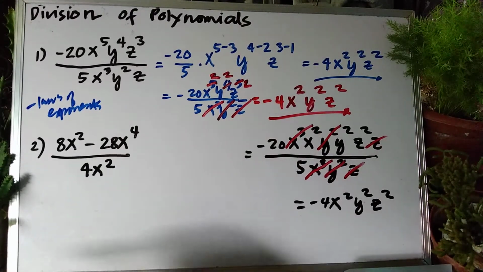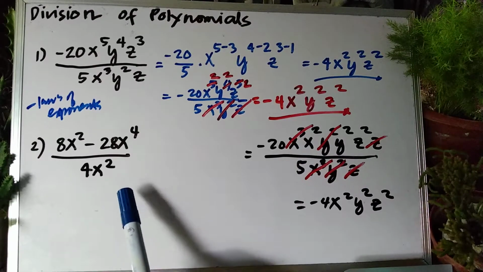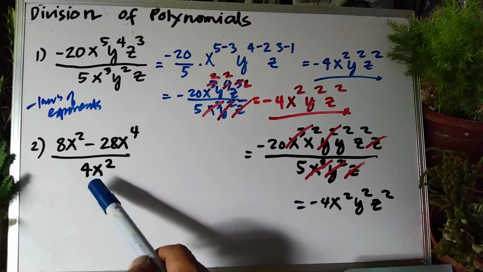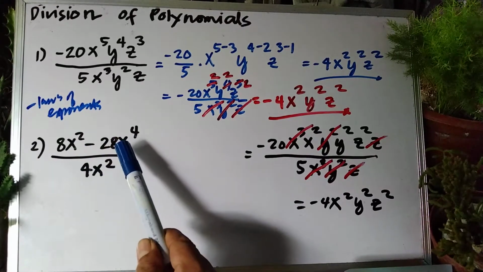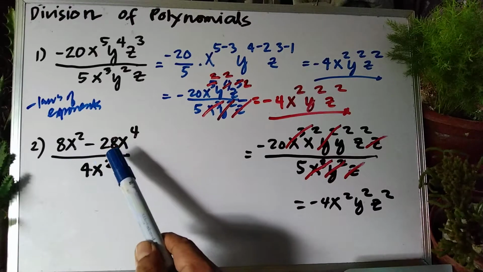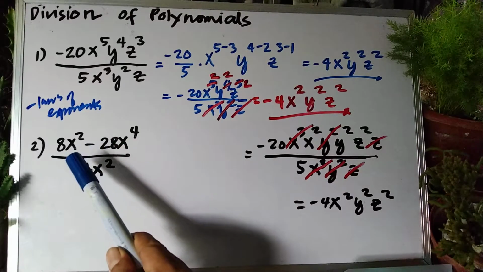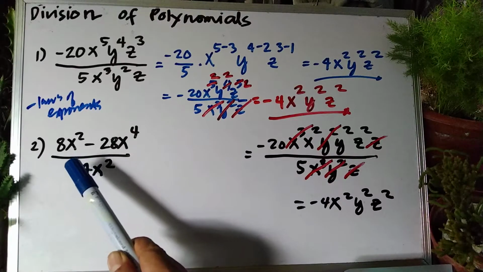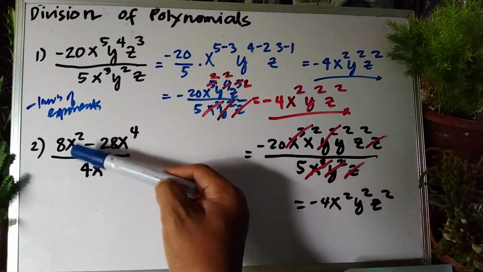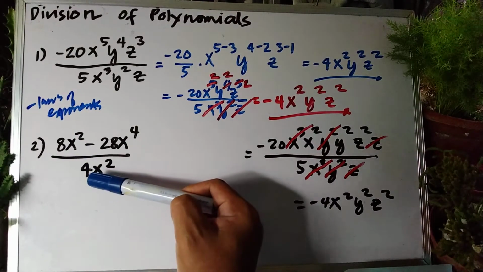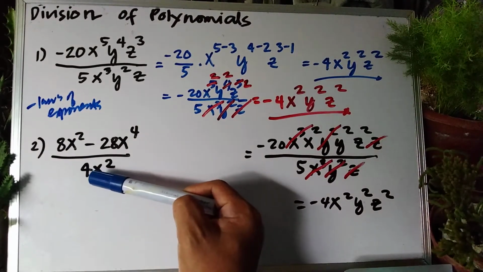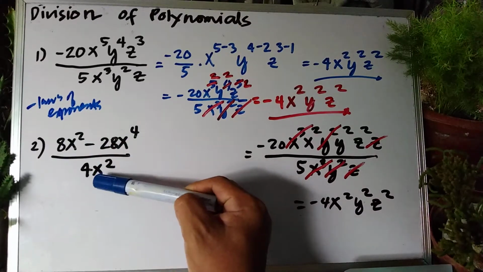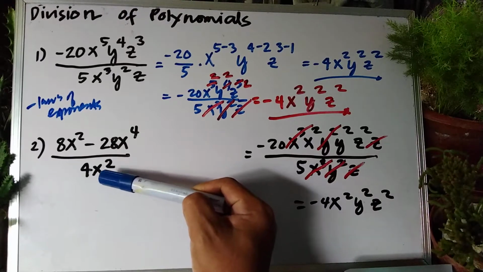Now let us continue in our example number 2. This is a binomial over a monomial. When you divide a problem like this, you will divide this numerator by this monomial in the denominator. Each term here is divided by the monomial.